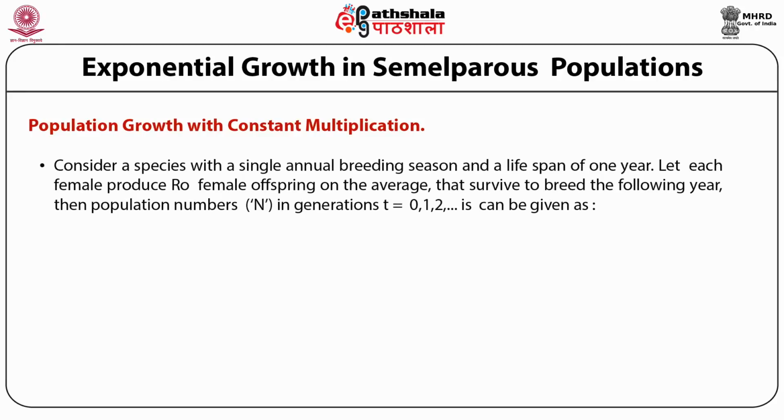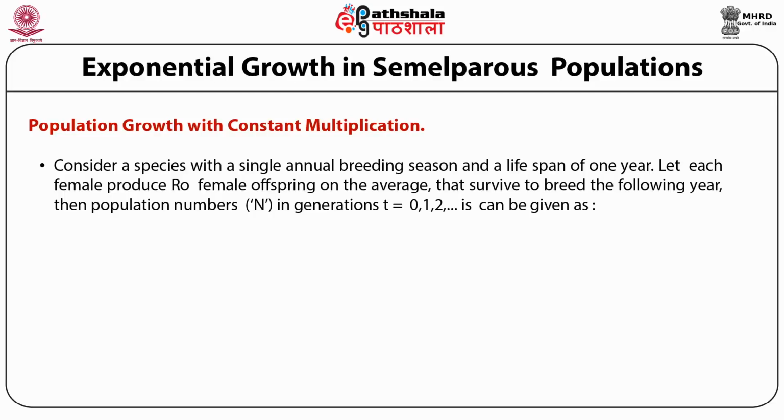Consider a species with a single annual breeding season and a lifespan of 1 year. Let each female reproduce R0, that is the net reproductive rate, female offspring on average that survive to breed the following year.